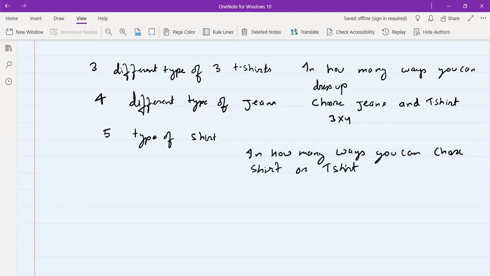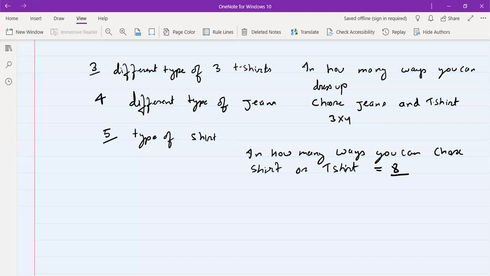Yes, very good. 8 ways. Because shirt 5, t-shirt 3. You cannot choose both. You can choose only one. So 3 plus 5, 8. Got it, everyone? Everyone got this concept?